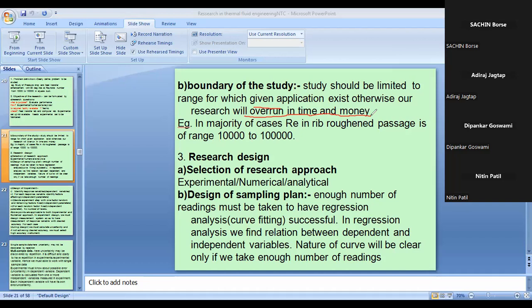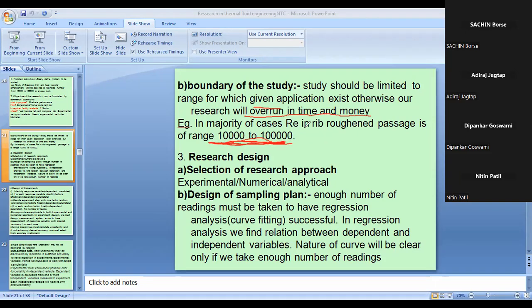The same thing we have to do in the research. We have to clearly define the limit. Why did I fix 10,000 to 1 lakh? I searched the papers and most have done the work from 10,000 to 80,000. So it is always better to go a little higher, so that as there is continuous development in technology, we go to higher and higher velocity.